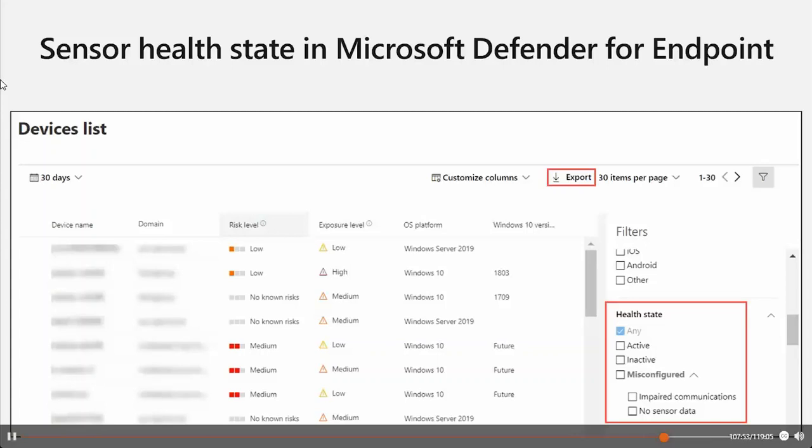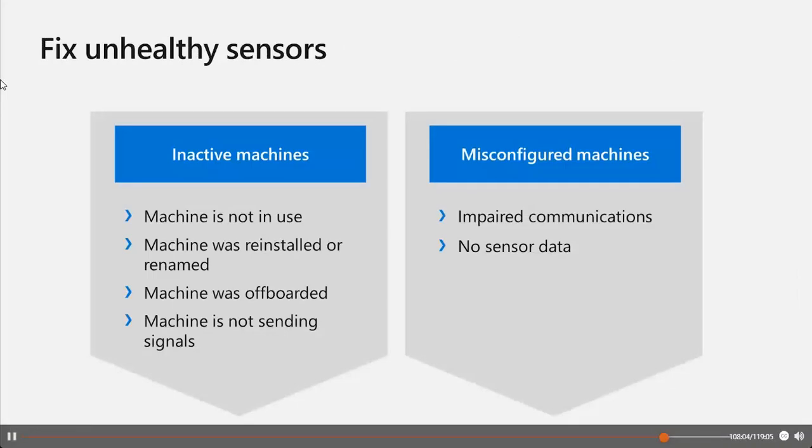And obviously, if you don't have a correctly responding machine sensor, you will not gain all the information you need to protect your environment. So to get a bit more in detail, what does an inactive machine mean? A machine is not in use. Basically a machine was reinstalled or renamed, a machine was offboarded by script or other methods, or a machine is not sending signals.